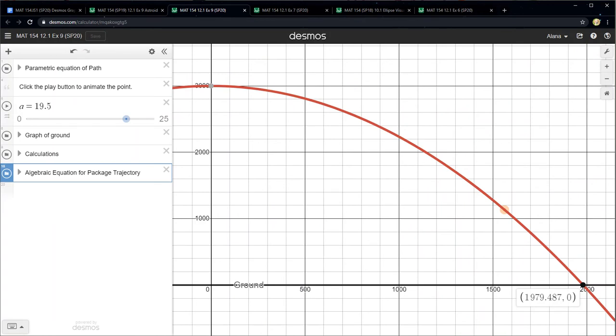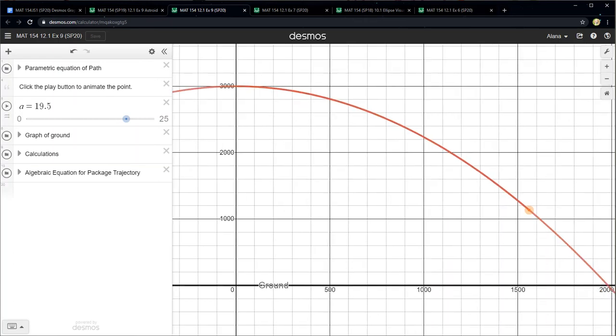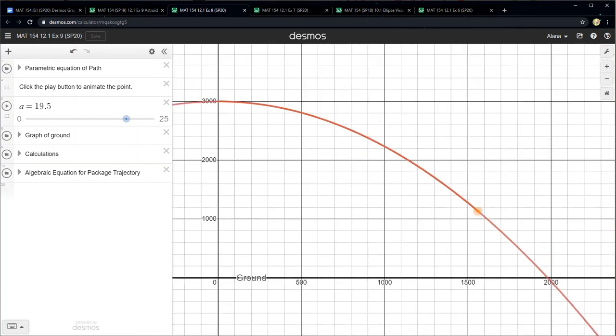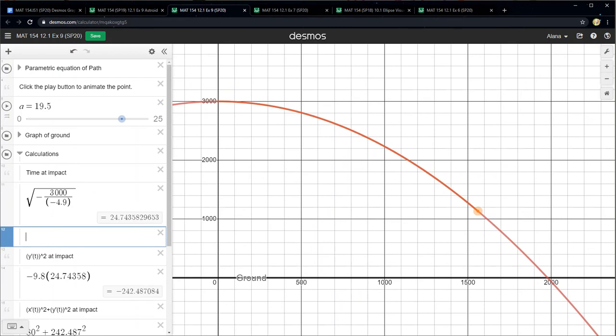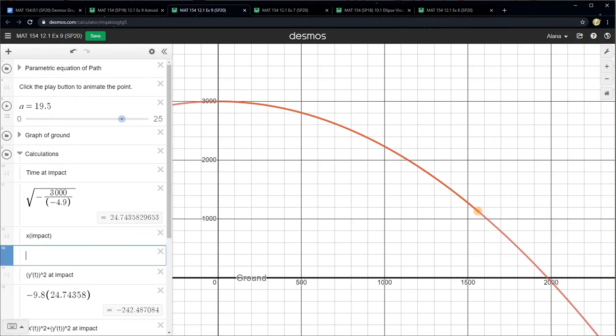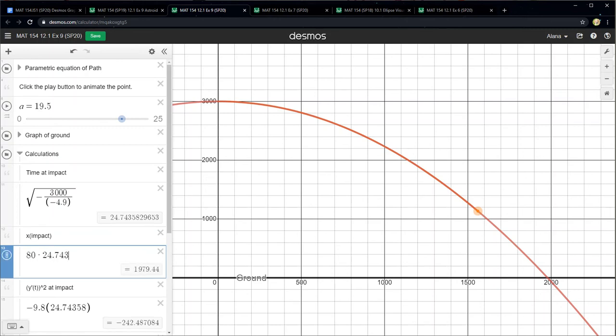I really had it negative 3,000, but that's because I wrote a slightly different equation, but it'll work. So at 1979.487, which of course I could also find in my calculation section if I just want to say x of impact, right? So that would be 80 times 24.7435829653, and there you can see it.